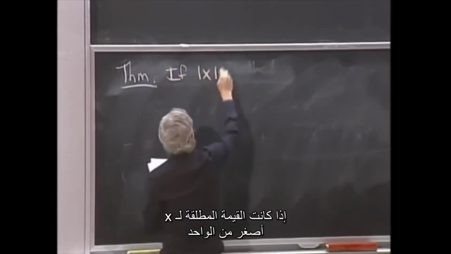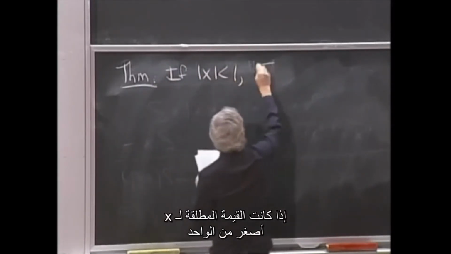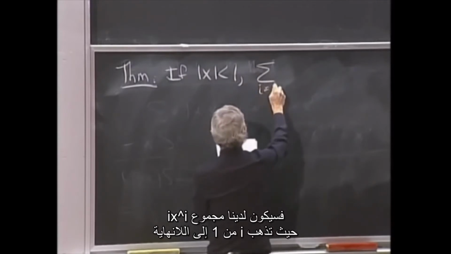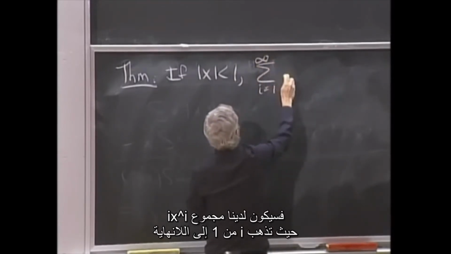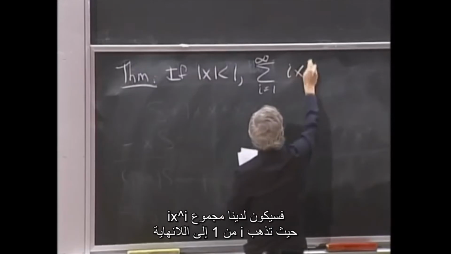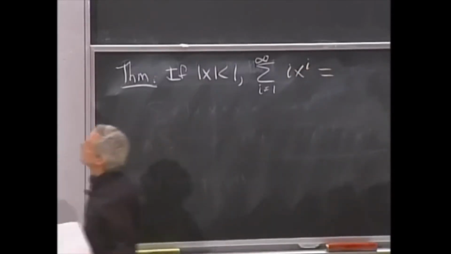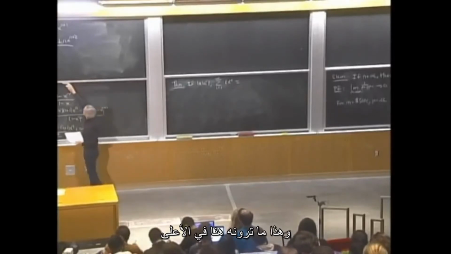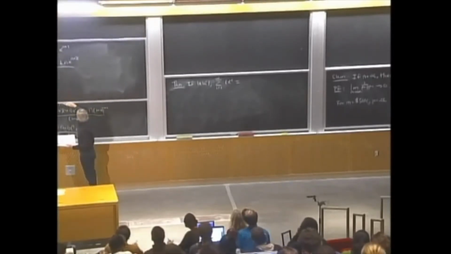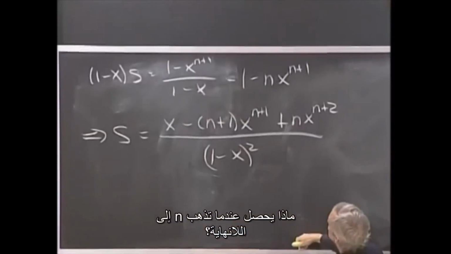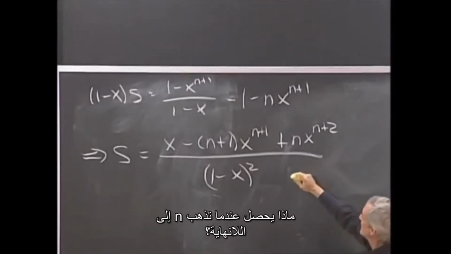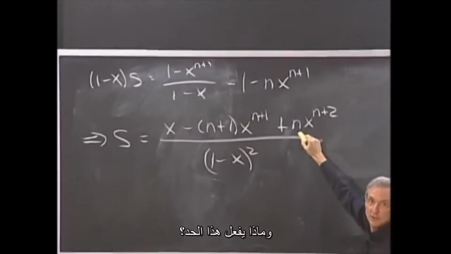If the absolute value of x is less than 1, the sum from i equals 1 to infinity of i x to the i, what does that equal? This one you can see easier up here. What happens when n goes to infinity?